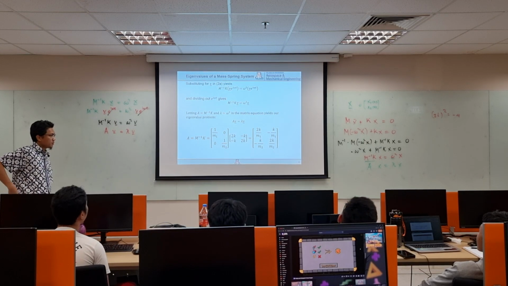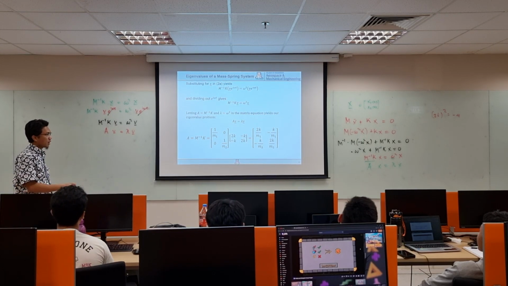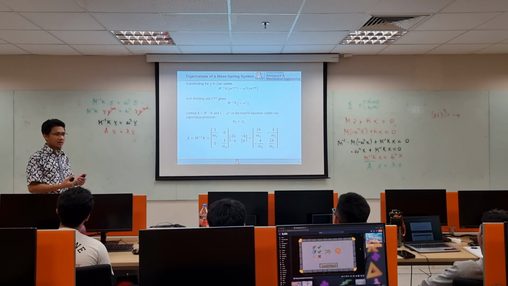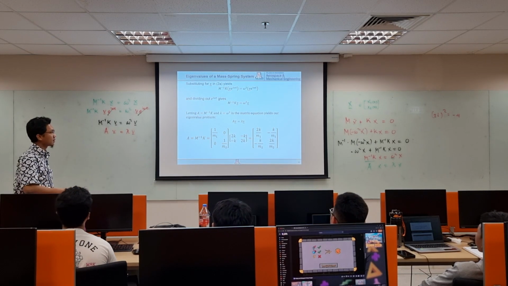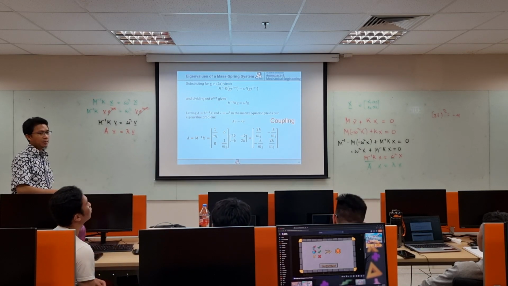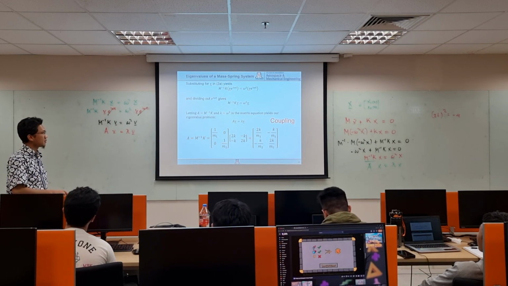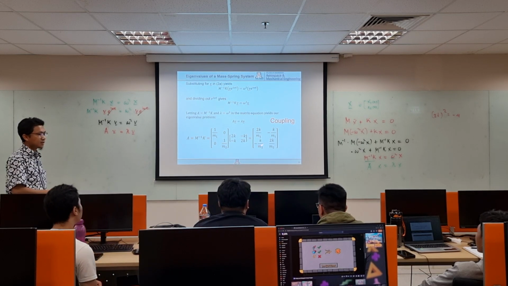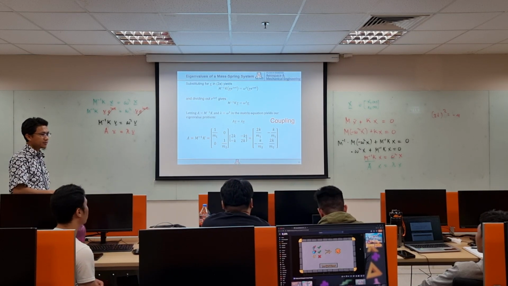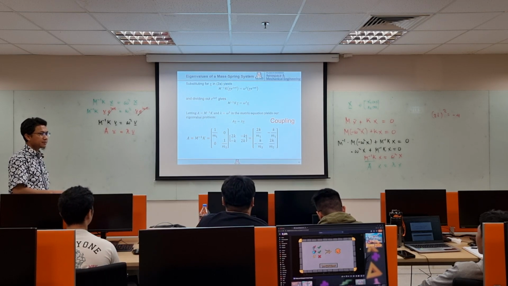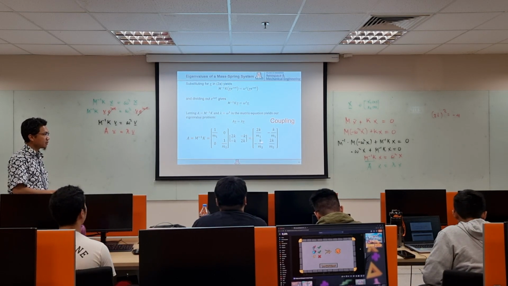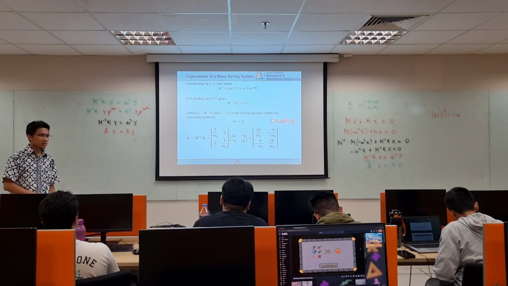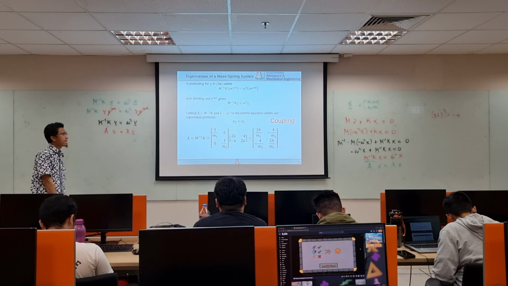Okay, let's move on. So now we are in our territory already, the territory in eigenvalue problem. So where's the coupling? The coupling is in here. Off diagonal terms, non-zero. Off diagonal term, minus k over m2, minus k over m1, non-zero, so there is a coupling in there.